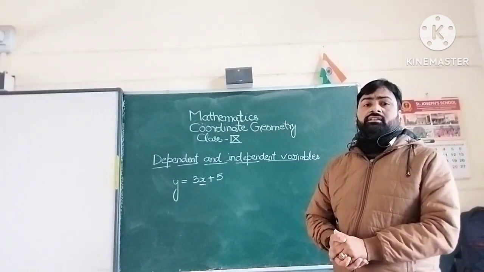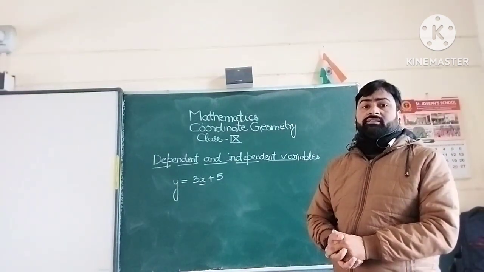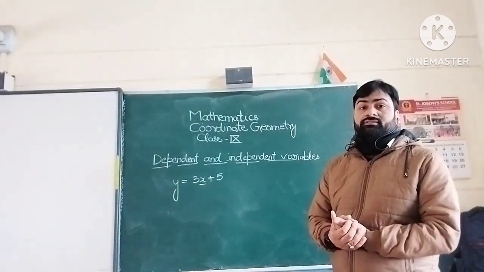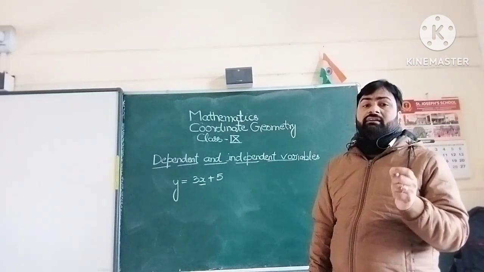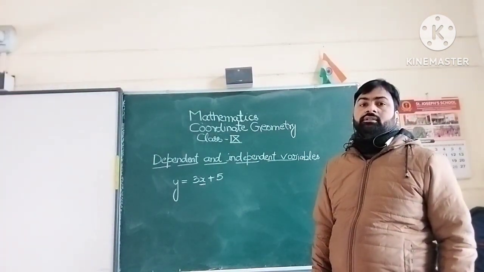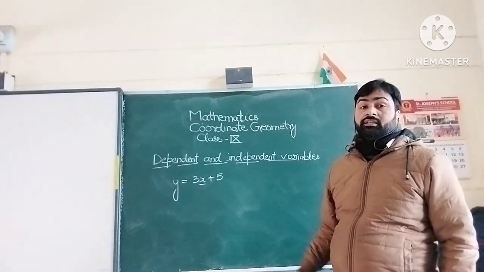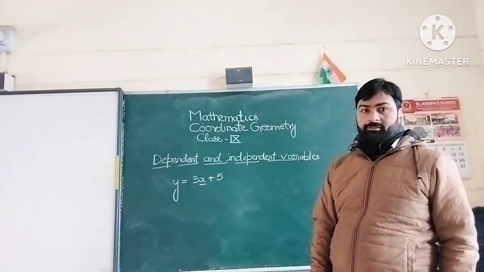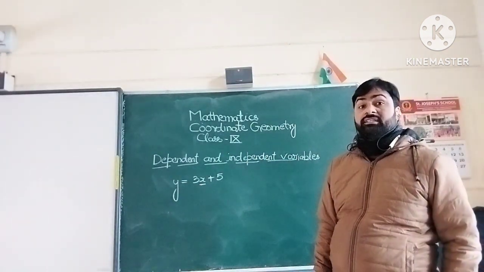So can we say that when we are choosing the value of x, we are free to choose any value of x? Do we have the same freedom for y? Certainly we don't. That is how we can understand. x is here the independent variable. But y becomes dependent.